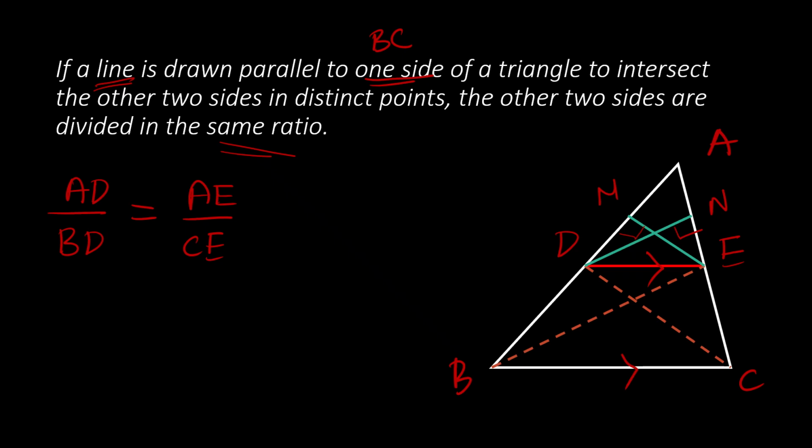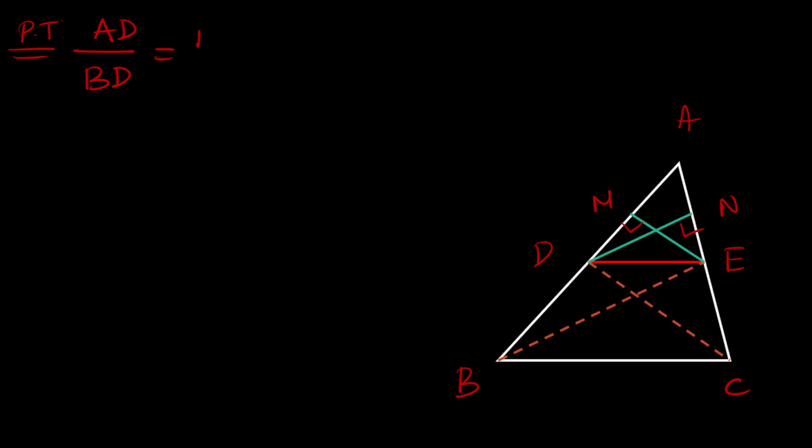So we just continue with the proof. Considering the same figure, we mark the points A, B, C, D, E, M, N, and they are at 90 degrees. What we need to prove is that AD by BD is equal to AE by CE.